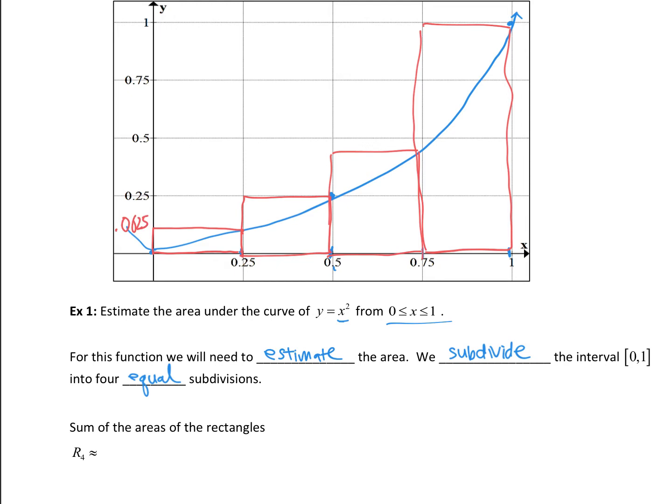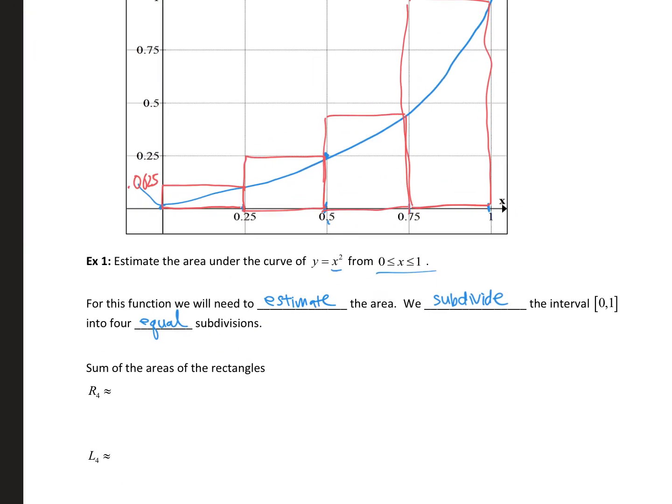So here, let me zoom out a little bit. It'll be 1/4, which is the length of the first rectangle, times the height, 0.0625. So I'm going to write 1/4 times 0.0625, plus 1/4 times, now I'm looking at the second rectangle. Again, the length of the rectangle is 1/4, that's the same. And the height is going to be 0.5 squared because x squared is the function.